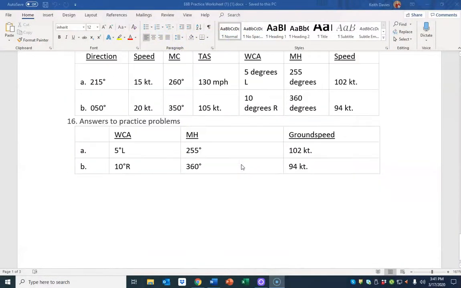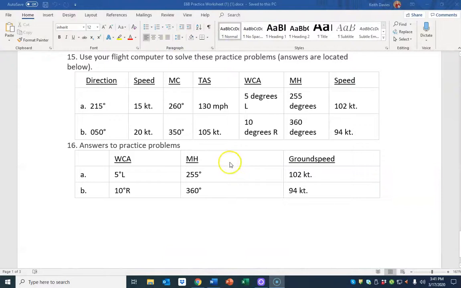All right. And last thing is converting our 5 degrees here to our magnetic heading and our ground speed. So we'll talk about that when we do our logs. Okay.